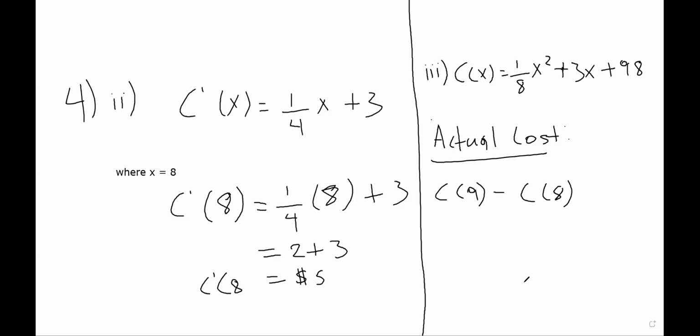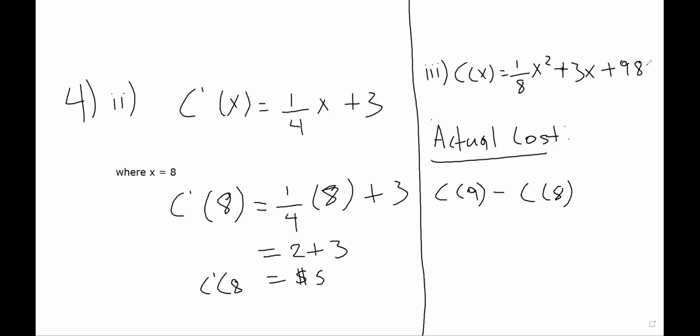So we're just going to plug and chug, right? I don't think I need to write this out. Just simple basic mathematics. You substitute 9 into our original function C of x, right?